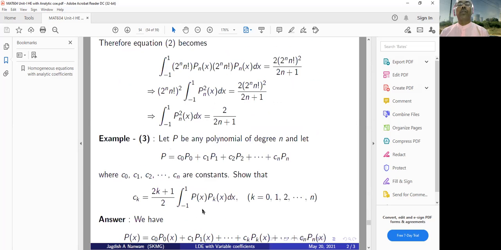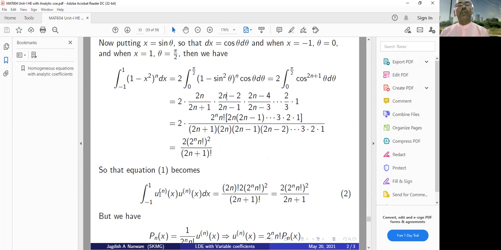So that gives this here, and 2 to the power n into n factorial, this is square, and this 2n factorial, and here we get 2n plus 1 factorial.